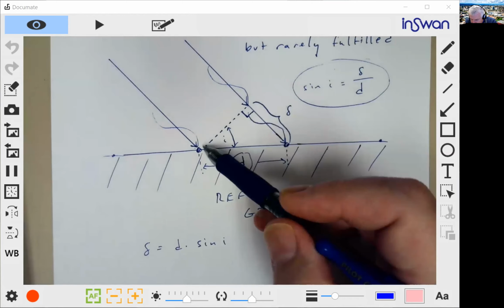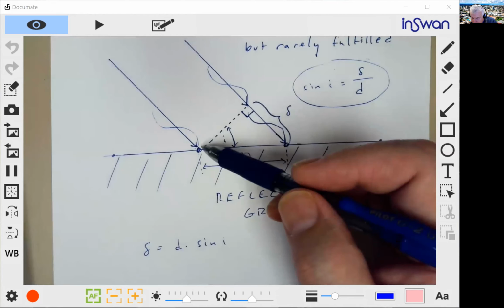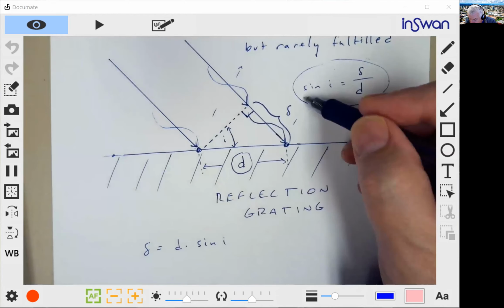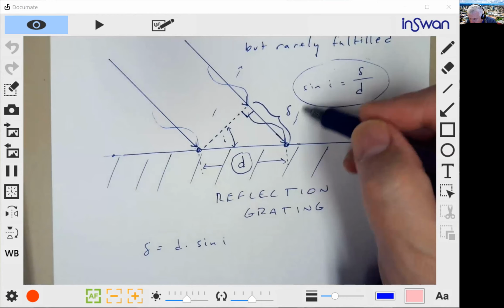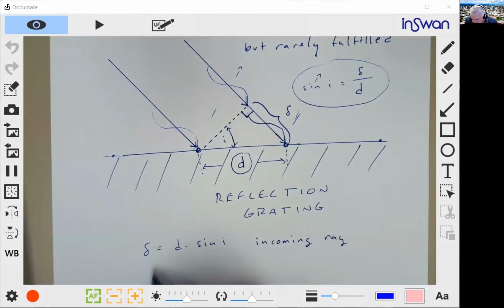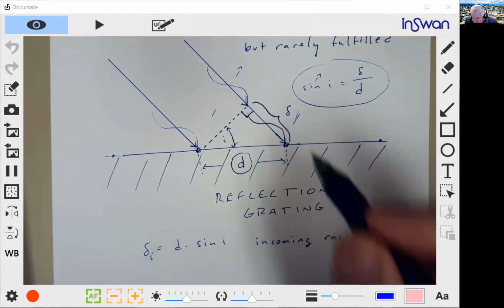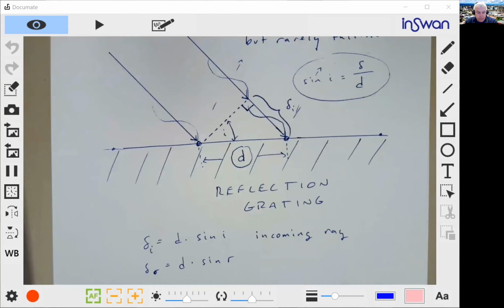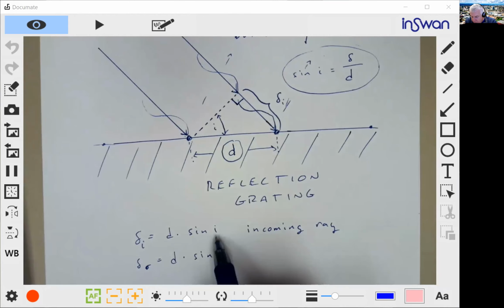Now, there's also basically an identical process that happens for outgoing rays, for outgoing parallel rays. This is the incoming, delta I, and then delta O, or call it delta R. That's equal to D times sine of R. They're similar, there's just a different angle involved.